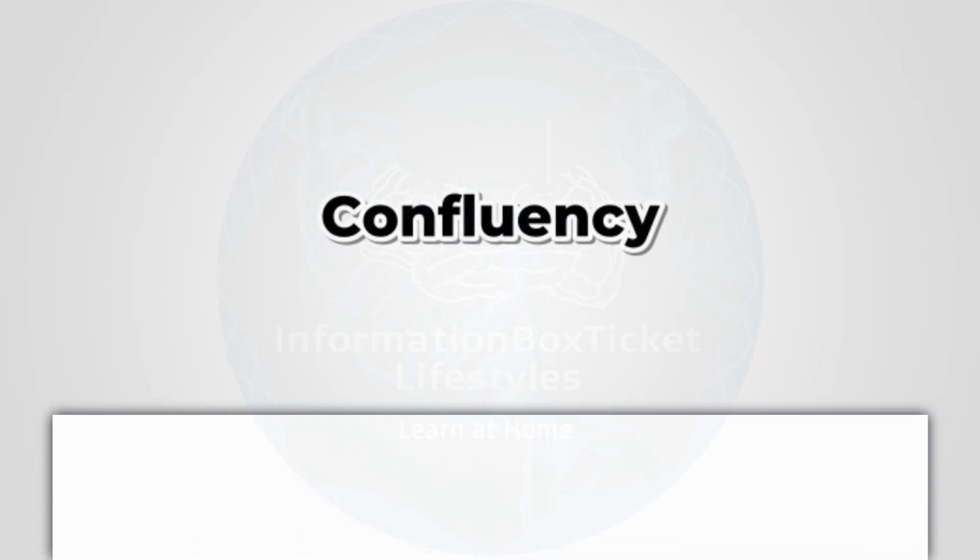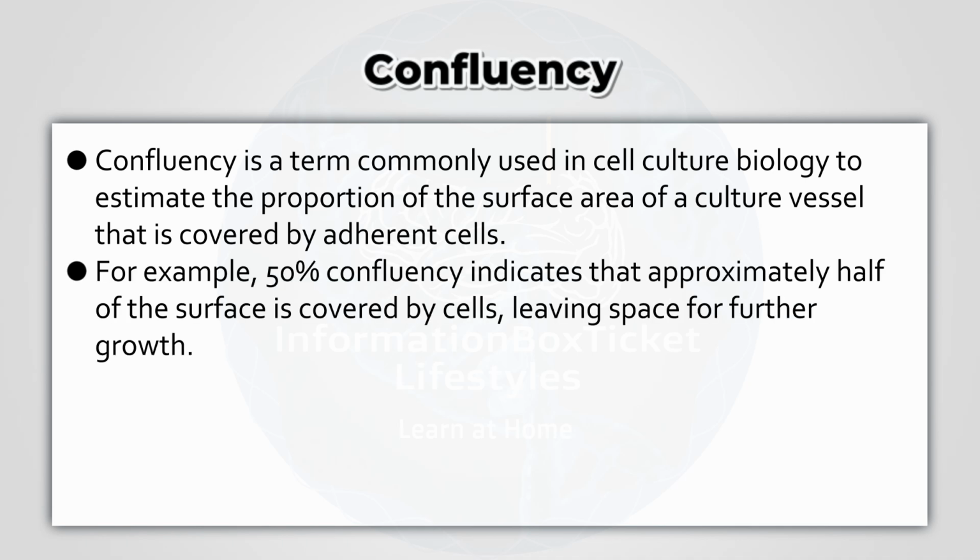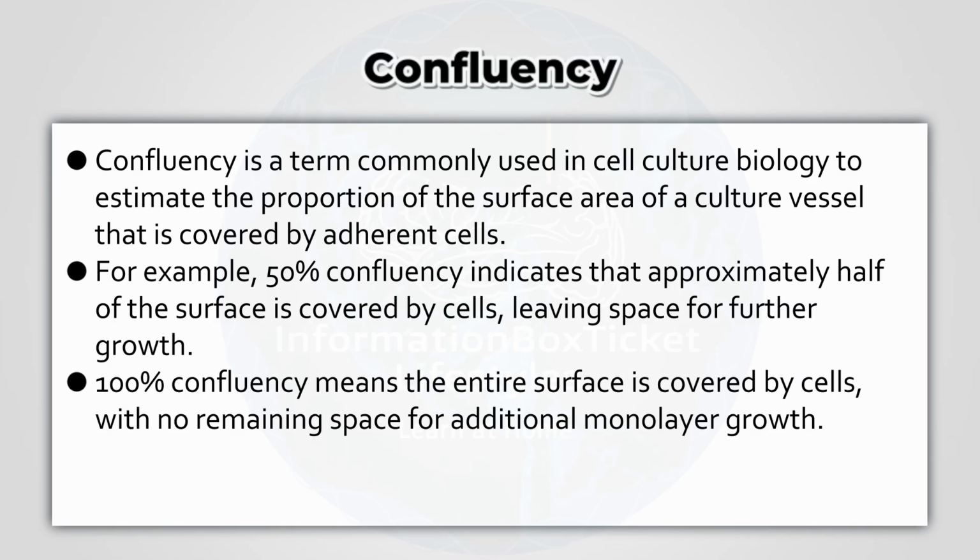Confluency. Confluency is a term commonly used in cell culture biology to estimate the proportion of the surface area of a culture vessel that is covered by adherent cells. For example, 50% confluency indicates that approximately half of the surface is covered by cells, leaving space for further growth. 100% confluency means the entire surface is covered by cells, with no remaining space for additional monolayer growth.